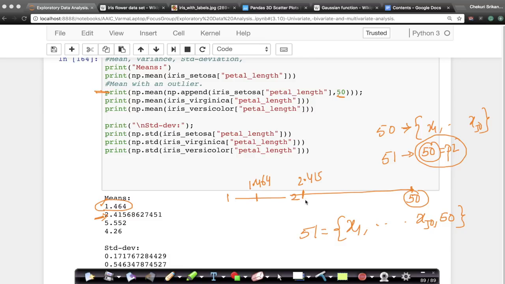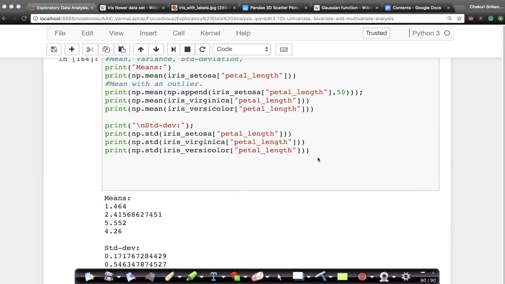This is a problem, because if you have one mistake or one error or one outlier, your whole mean could jump drastically. And this mean tells you nothing, because 50 points lie here, right? And only 1 point lies here. But this 1 point has corrupted my mean so drastically. So mean has this problem, because what is mean? Mean is nothing but the summation of all the numbers divided by the count.